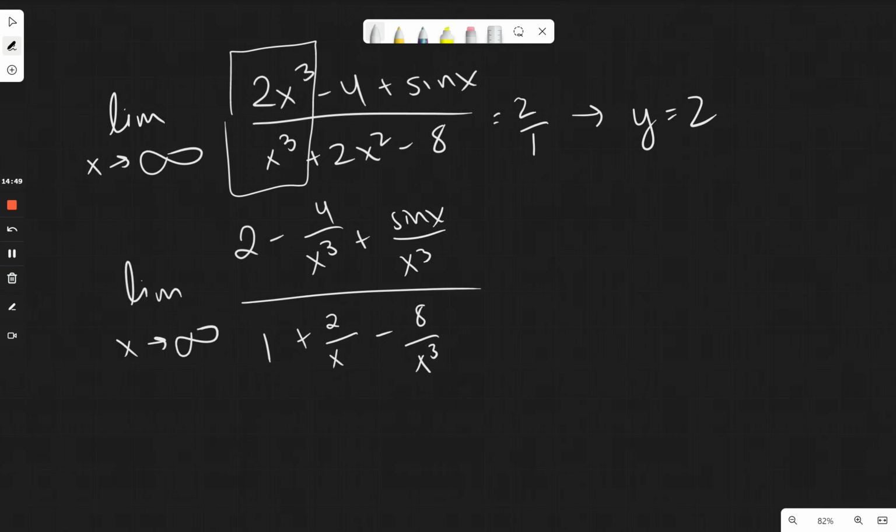So if you notice, as x approaches infinity, all of these fractions are going to get infinitely smaller. They're going to approach zero. They're going to get closer and closer to zero, and our limit itself is going to get closer and closer to 2 over 1, which again is y equals 2.